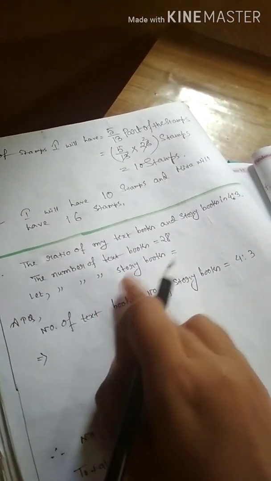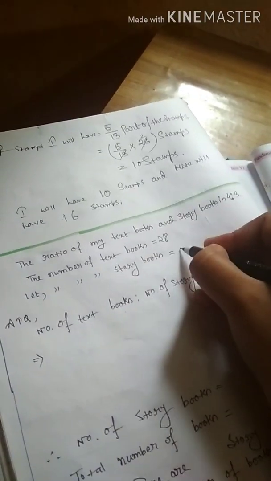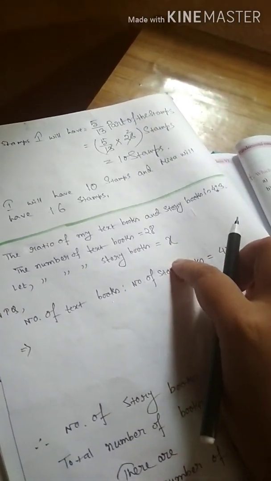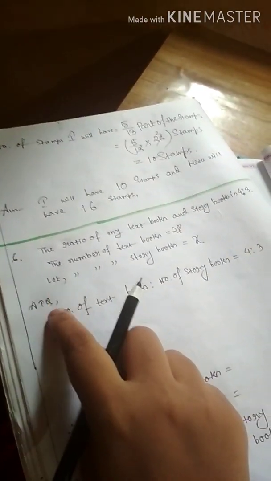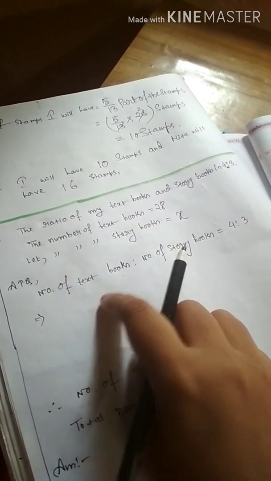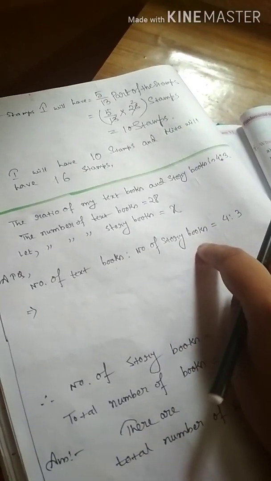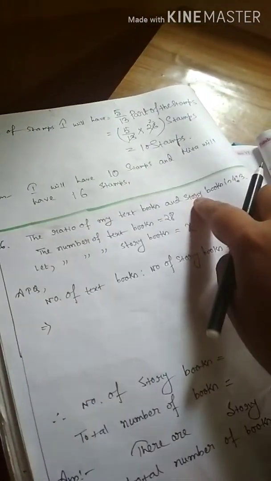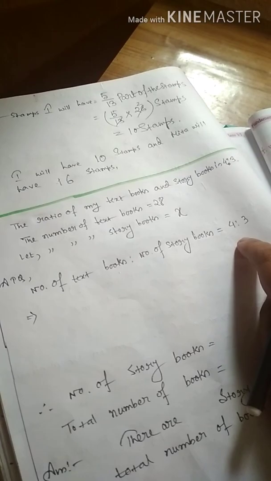So we will assume that the number of storybooks equals X. Now ATQ, that means according to the question, number of textbooks ratio number of storybooks equals what is given, 4:3.